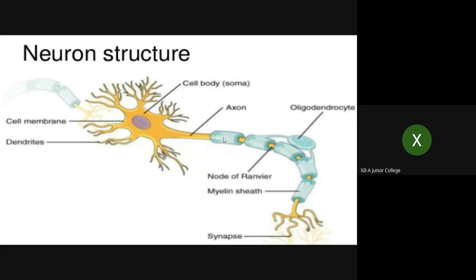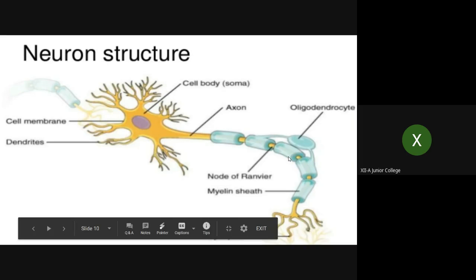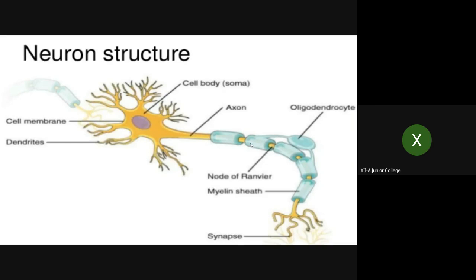In the diagram here, you can see the axon is surrounded by a sheath called the myelin sheath, which is considered an insulating substance, made up of fats and some other substances which make this axon insulated, which helps to carry impulses at a faster rate.